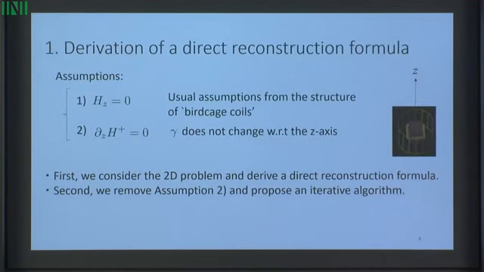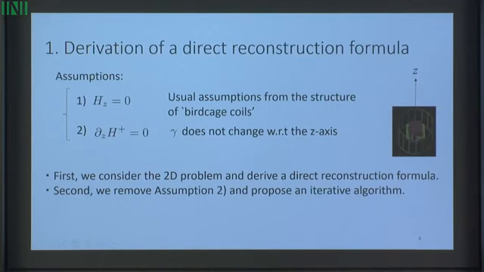Okay, so let me start with the derivation of a direct reconstruction formula. For that, we make two assumptions. The first one is that the Z component of the magnetic field is equal to 0. This is from the structure of the birdcage coil that we use in the MRI device. Let's take the Z-axis along the body axis, and our body is inserted into this coil, the birdcage coil.